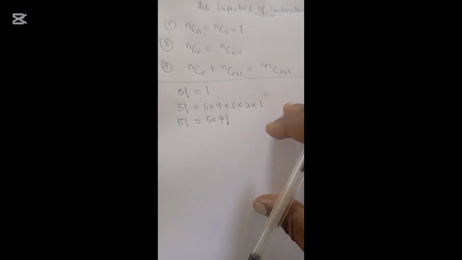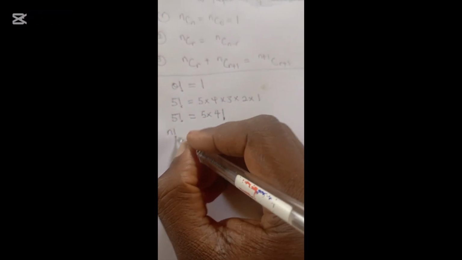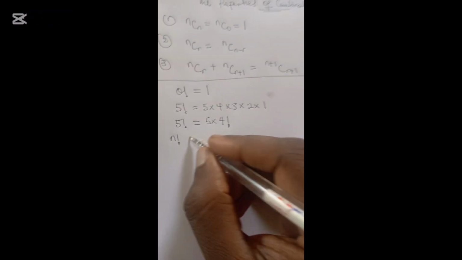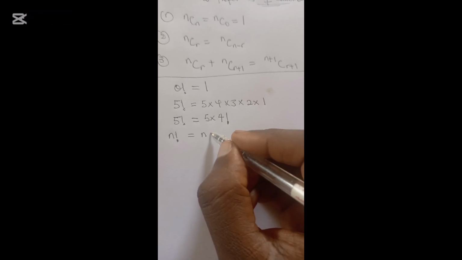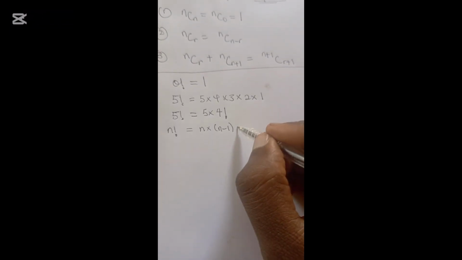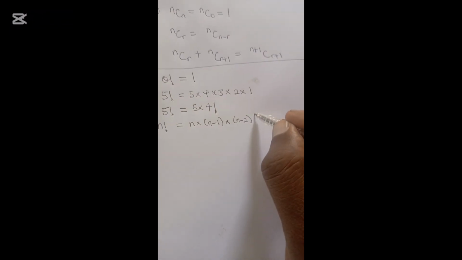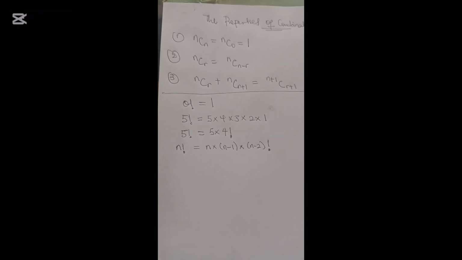So when we have something like n factorial, we should be able to write it as n times n minus 1 times n minus 2 factorial, because it is actually infinite. It goes on and on.